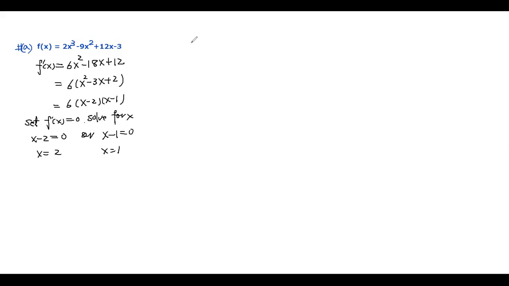Now how do I determine increasing and decreasing? This is what I would typically do. You put it on a number line. You put the 1 here and the 2 here, and then here you put your f prime x, which is 6(x minus 2)(x minus 1).